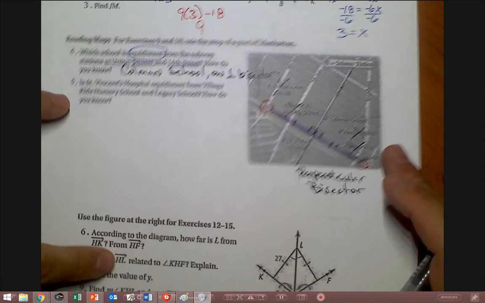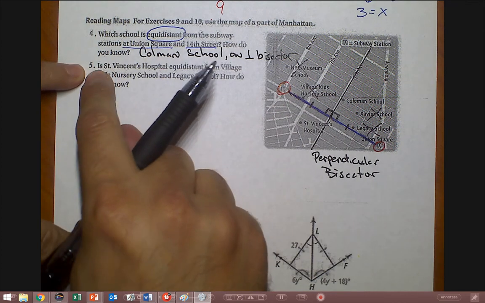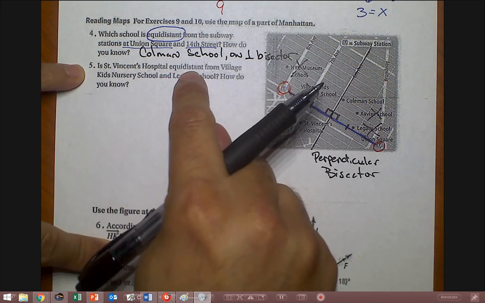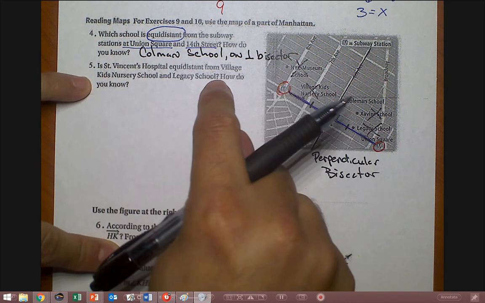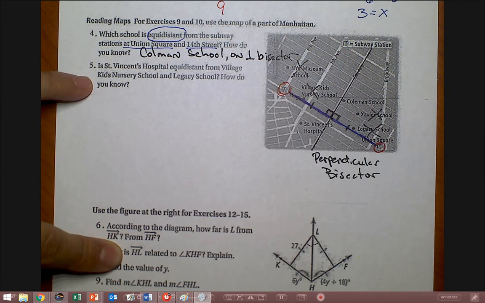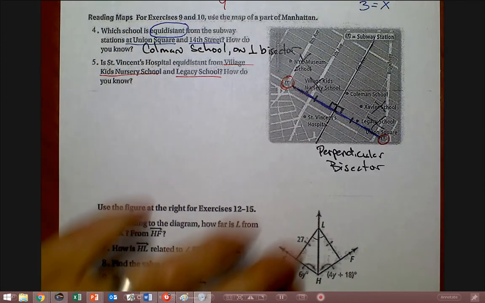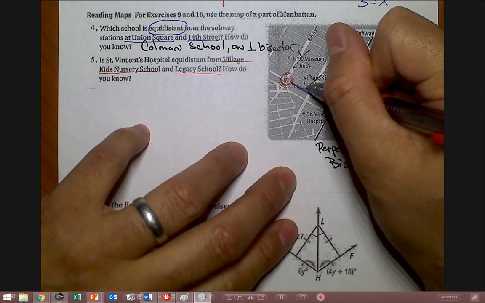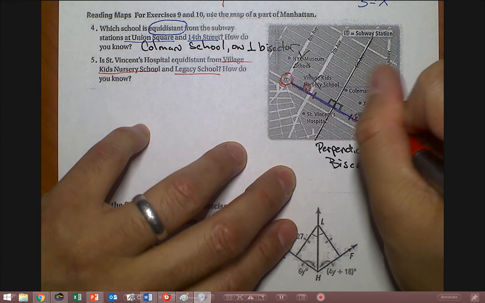Now, let's take a look at number 5. It says, is St. Vincent Hospital equidistant from the Village Kids Nursery and Legacy School? Here's St. Vincent's Hospital right here. First, I want the Kids Nursery and the Legacy School. Kids Nursery is right here. Legacy School is right here.